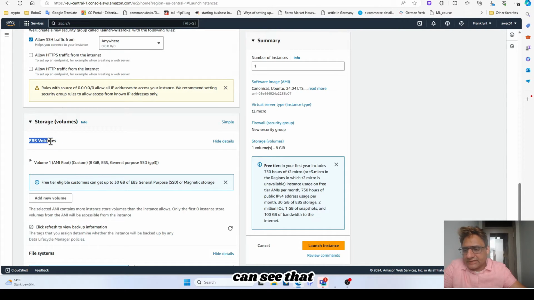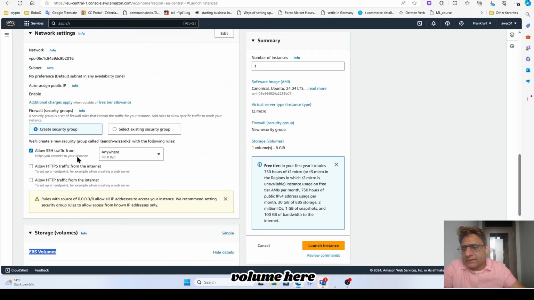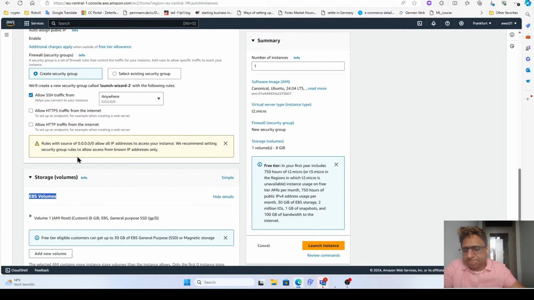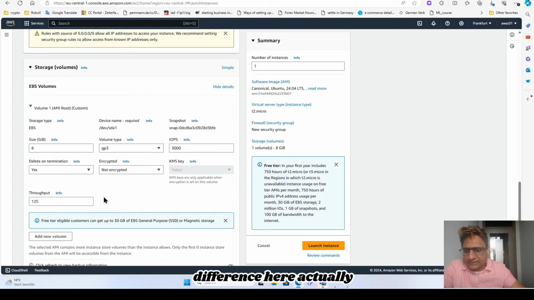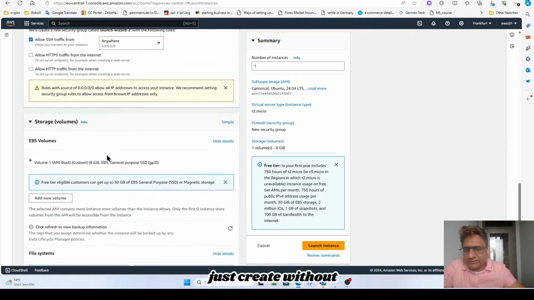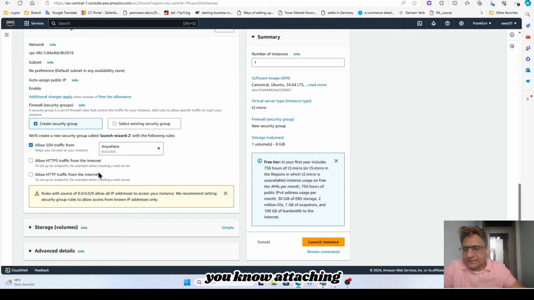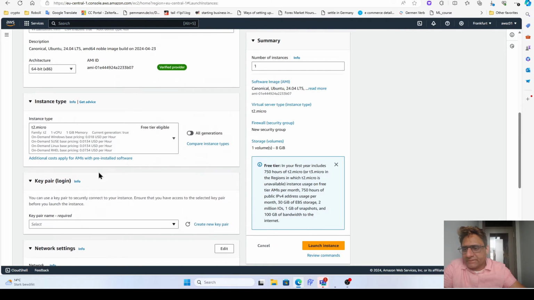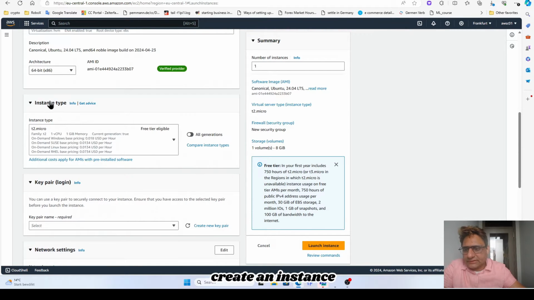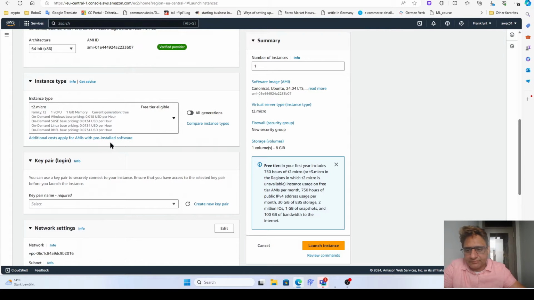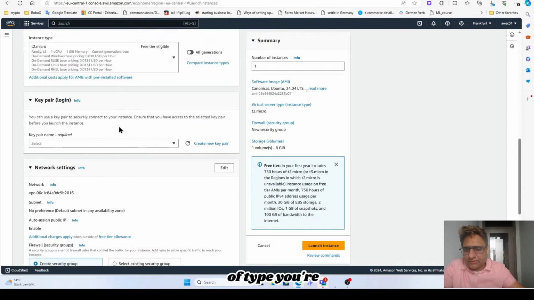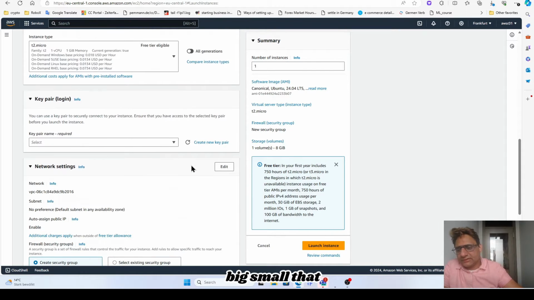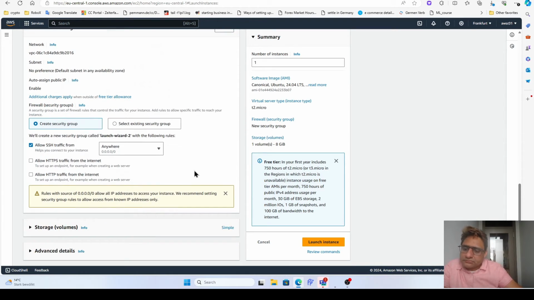And here you can see that this is the EBS volume, so this is the difference here. Actually, you can also just create an instance without attaching this volume. Instance type is whatever kind of type you're using, big or small.